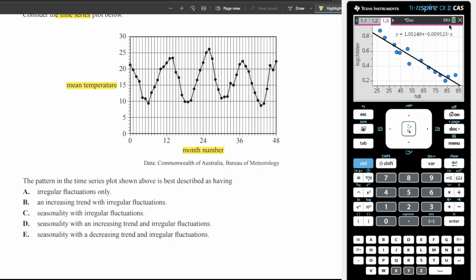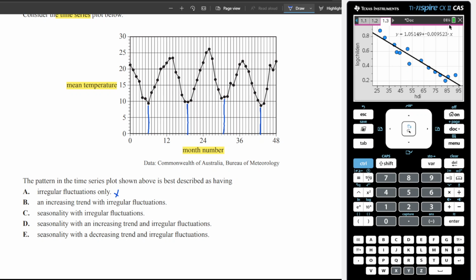Irregular fluctuations only. I would strongly disagree with that, and the reason is we can look at the troughs. Where are our troughs occurring? They're occurring very consistently. We've got four troughs over a period of 48 months. We've got four peaks. It is definitely not irregular. So this is not true.